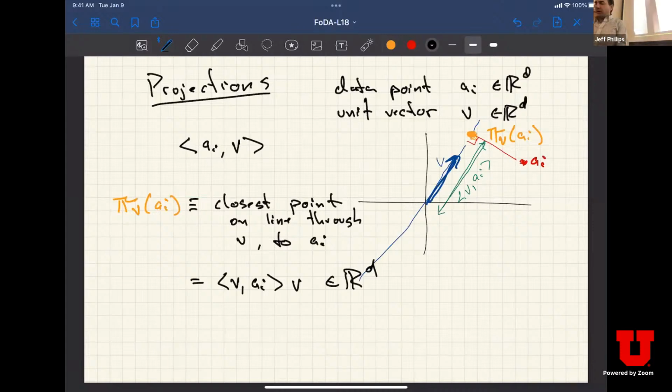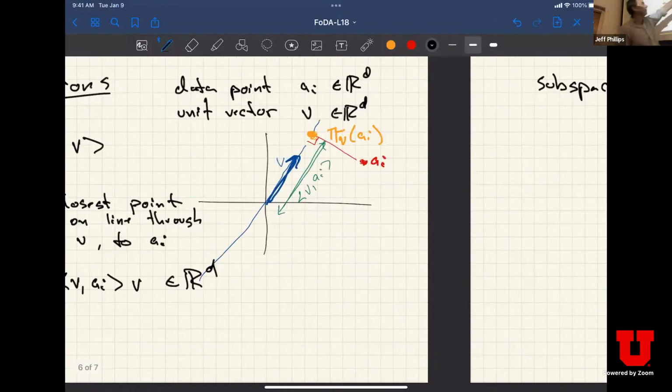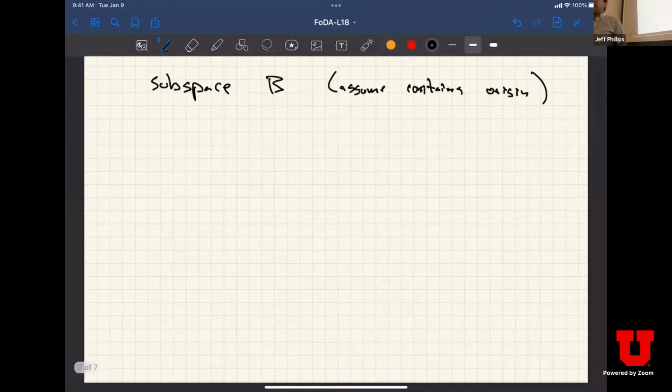Okay, and so I'll call B the subspace, and I'm going to associate B with a basis. We'll assume it contains the origin, contains the 0 point. Remember, the 0 point is right here. So we're going to assume that the subspace contains this point. We'll remove this assumption eventually in a week or so.